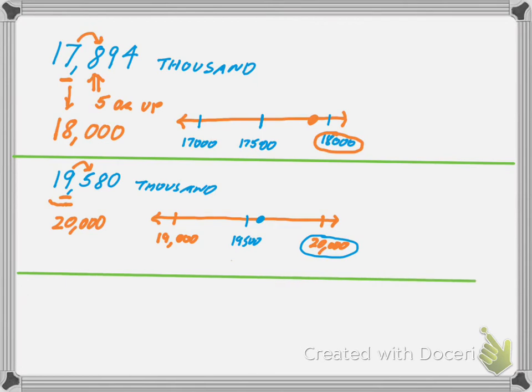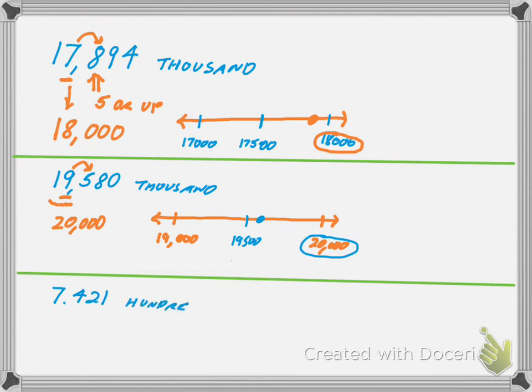Now, when rounding to decimals, let's say, for example, we have 7 and 421 thousandths, and we want to round to the nearest hundredth. First we find the hundredths place. That's where the 2 is, and we look to the right.